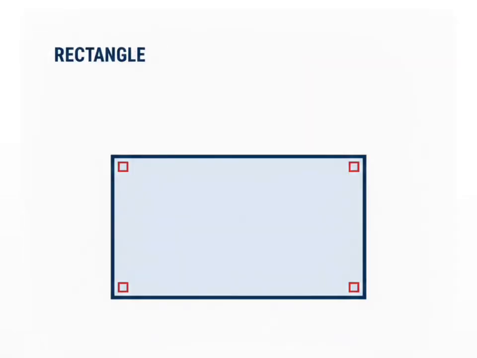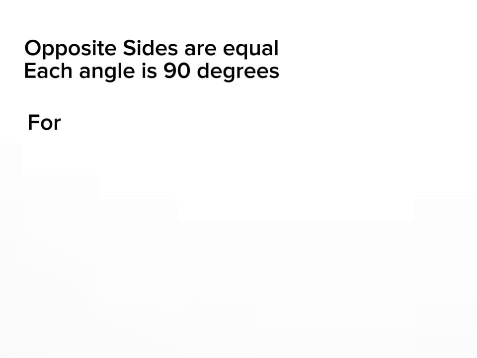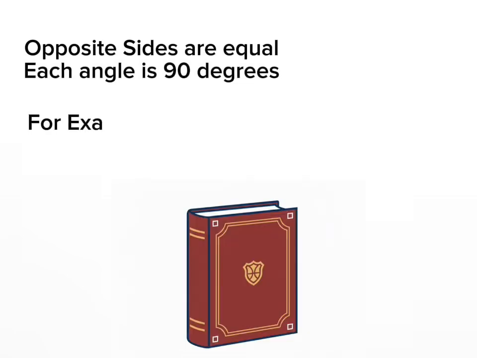In a rectangle, four angles are 90 degrees and two sides which are opposite to each other are the same in length. It is called a rectangle. So let's take an example of a book. It has opposite sides equal and it has angles of 90 degrees each.